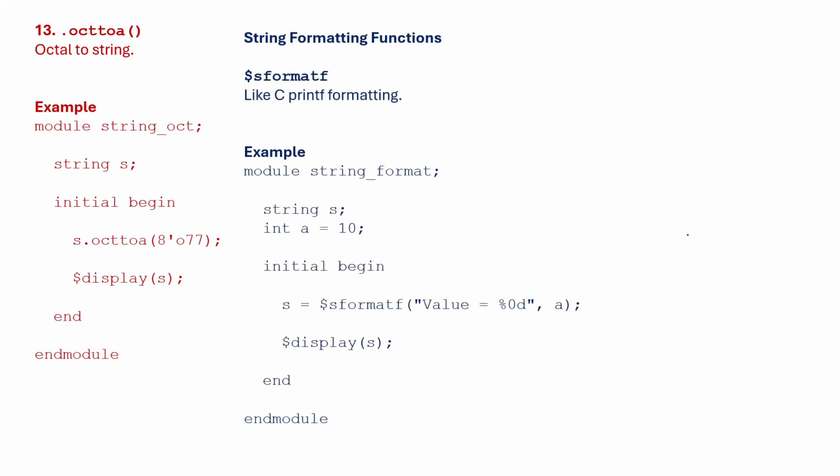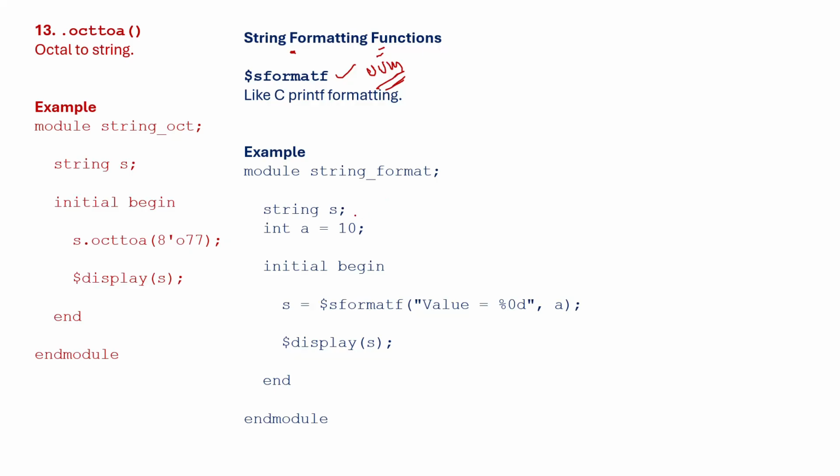And some formatting. That means I want to print some value that should be converted into a different format. So this formatting, string formatting functions like $sformatf. Basically, we are using this $sformat in the UVM for displaying purpose.